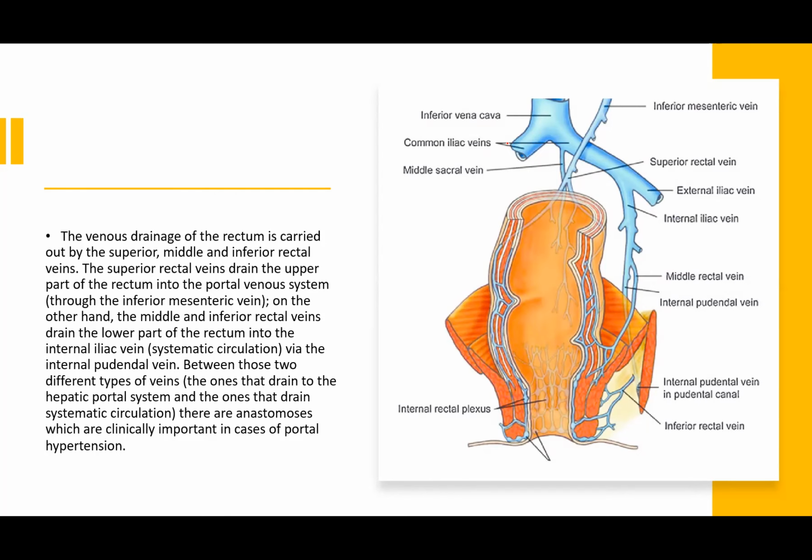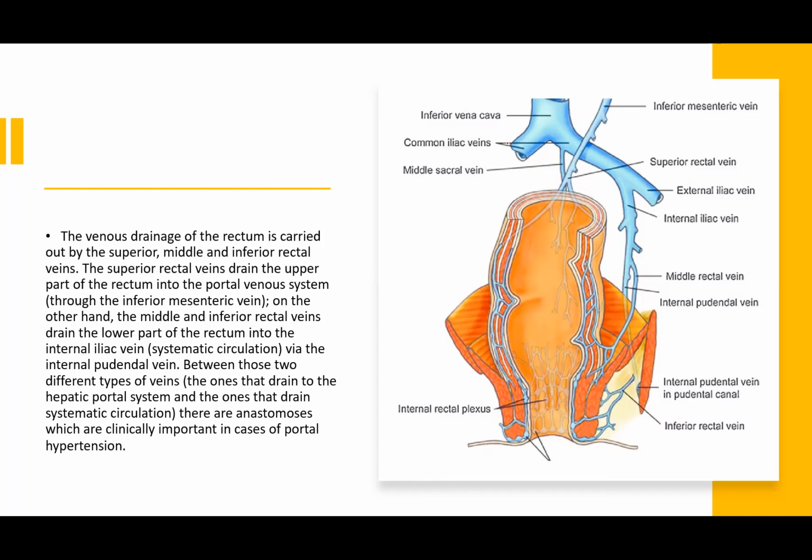If it is located in an area that is drained by the systemic veins, it can metastasize to the lungs. If it is located in an area that is drained by the portal veins, it metastasizes to the liver.